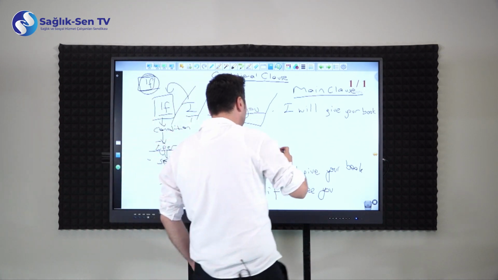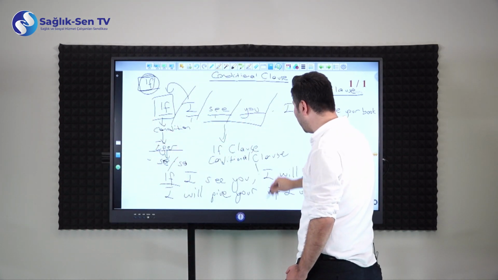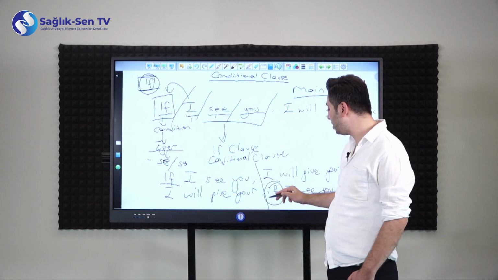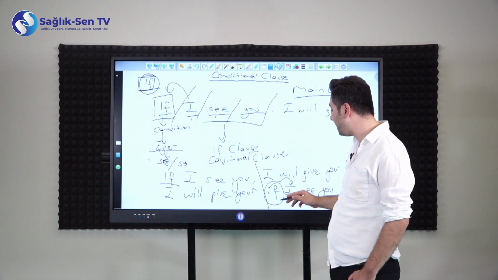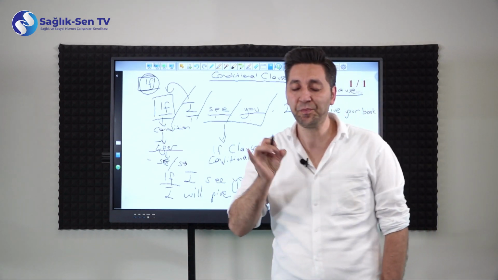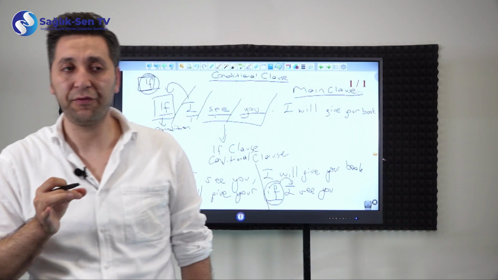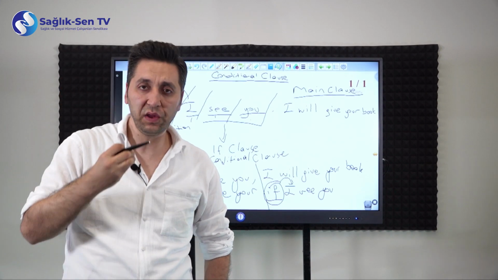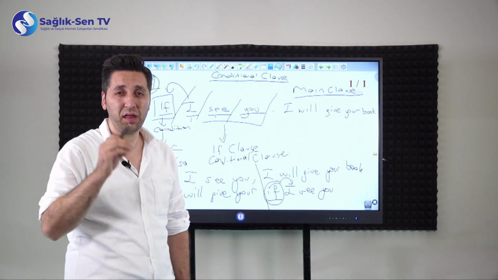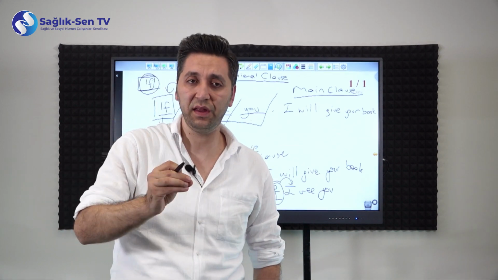It's very important that you understand when to use your conjunction. And this time, we always talk about if, because we want to give the meaning of conditional clauses. We have to give the meaning of conditions.